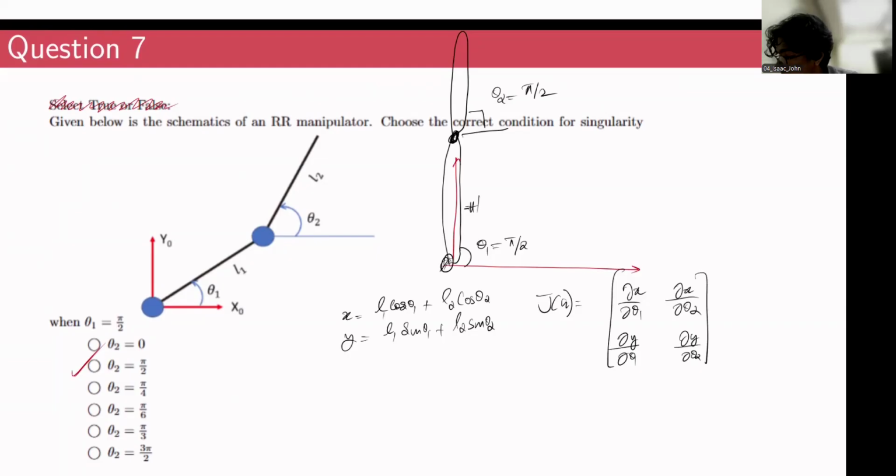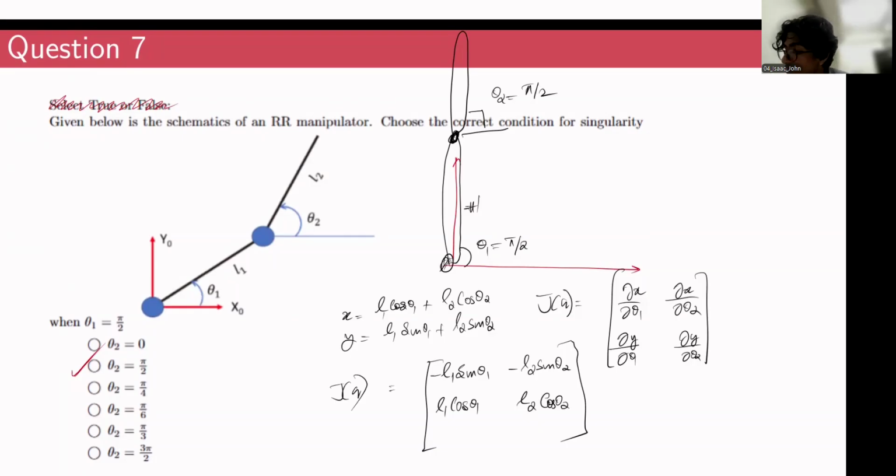If you do the partial derivatives of each of these terms, you will end up with minus L1 sin theta 1, minus L2 sin theta 2, L1 cos theta 1, L2 cos theta 2. This is your Jacobian matrix.